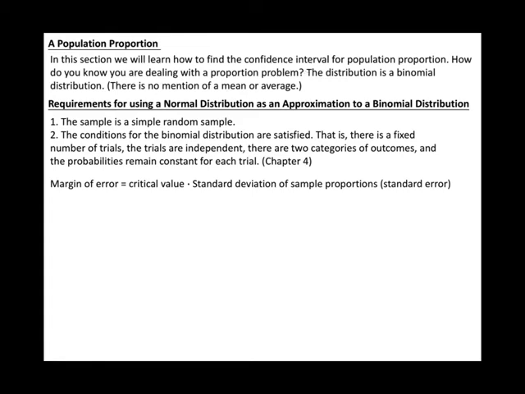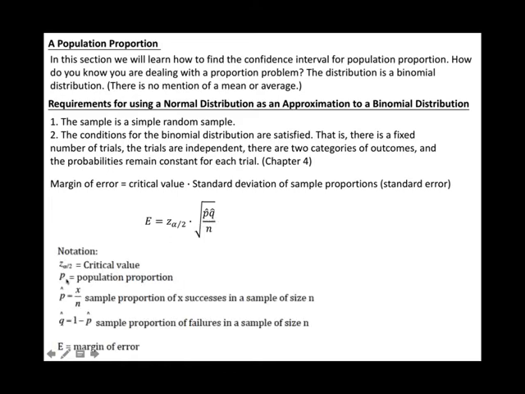We also have the margin of error. This is the formula for how to find the margin of error. You can see z alpha over 2. This is the critical value. We will apply the same method from Section 7.2, part 1, to find the critical value. Then you will see p hat and q hat here. P hat is the sample proportion.